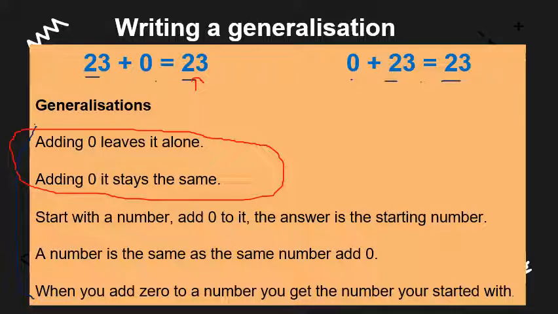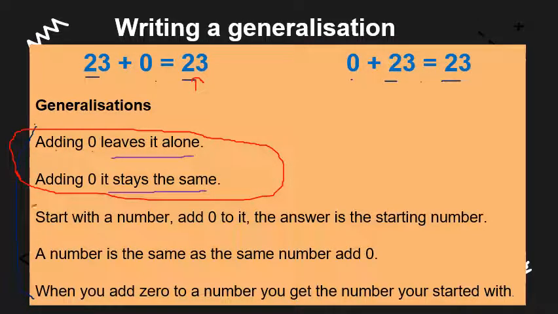But this idea of leaves it alone and it stays the same is not really mathematical language, and it's also a little bit confusing. So we know adding and zero are mathematical terms, but it's the idea of leaving it alone. Can we think about expressing that in another way that's a bit clearer, that's a bit more mathematical, that's completely unambiguous and can be understood by anybody who just comes along and says, what are we talking about here?